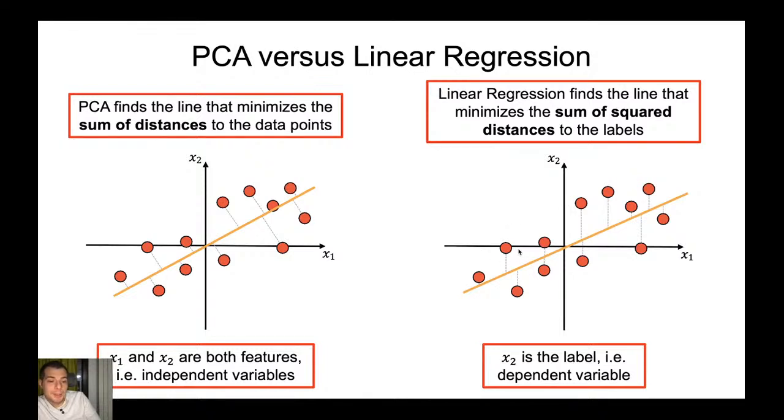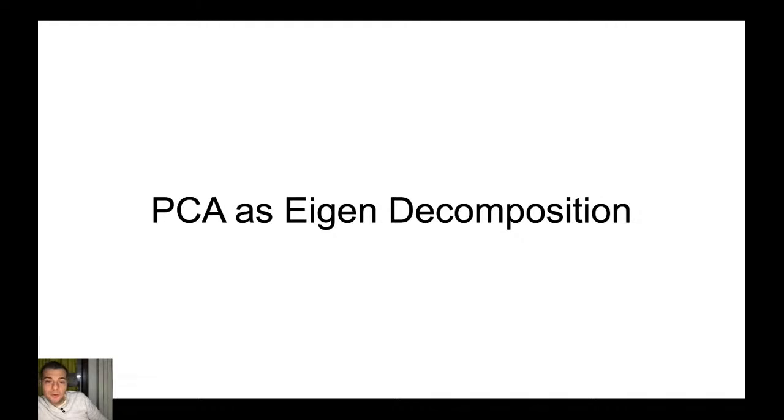So actually we are just interested in the sum of squared distances only on the axis which represents the label of the data. So there are some small differences, but in the end we can still use convex optimization to optimize using PCA.